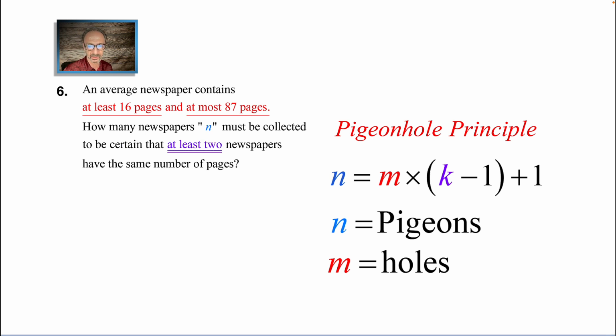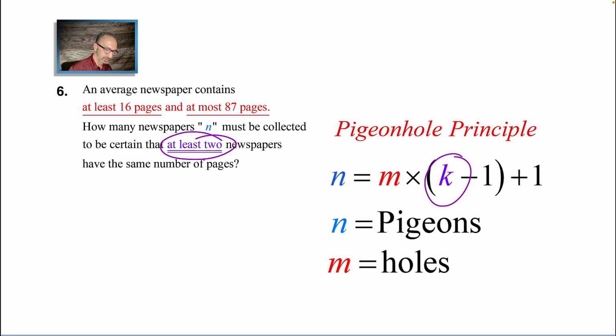N will refer to the pigeons and m will refer to the holes. Notice I'm using different colors. This right here is this number k, because sometimes they don't ask you about at least 2, they ask you about at least 3 and at least 4 and so on. So you will be forced to use this formula.